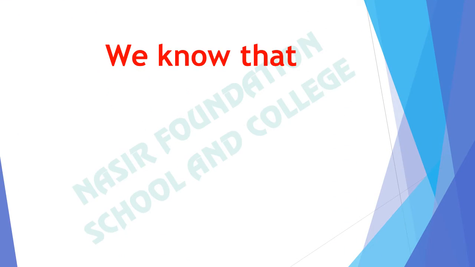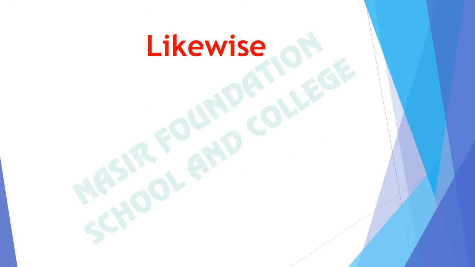In the case of multiplication, if we multiply 6 and 5, 6 into 5, we get 30. Likewise, if we multiply 5 and 6, 5 into 6, we get 30.